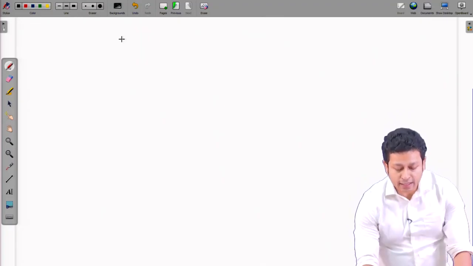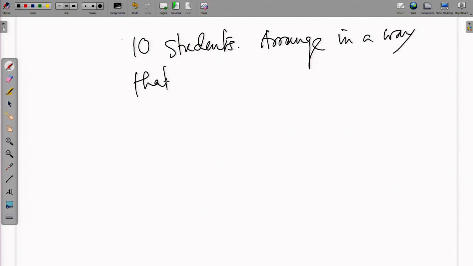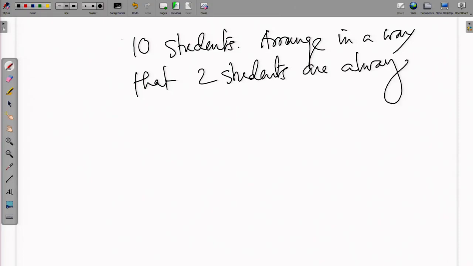Let us say that there are 10 students, and you want to arrange them in a way that two students are always together. What is the probability of this event?